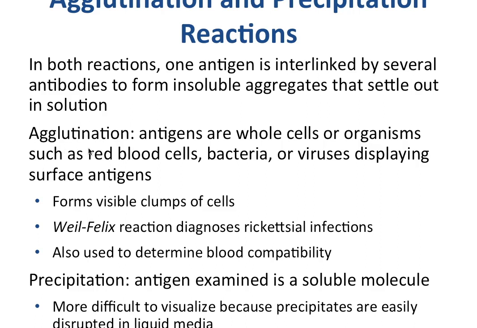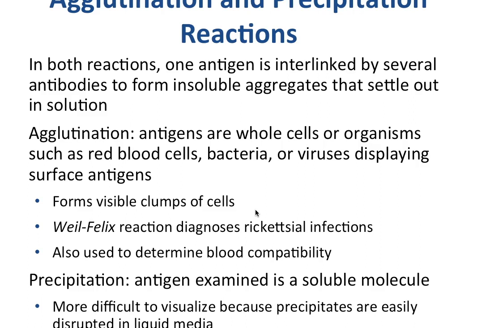So for agglutination, if the antigen is very huge, such as when we detect the antigen on cells, the cell size is very large. If the antibodies link the antigen on the whole cells, they can link the whole cells together, and that will cause agglutination.